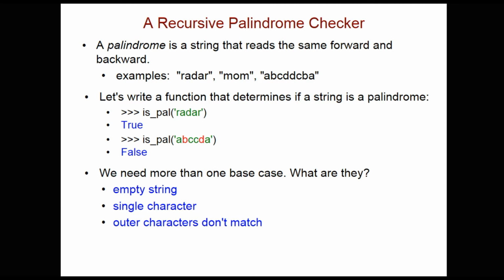And if the outer characters don't match, we can decide that the string is not a palindrome. Outer characters means the first and the last character. And we can apply this recursively by removing the first and the last characters.